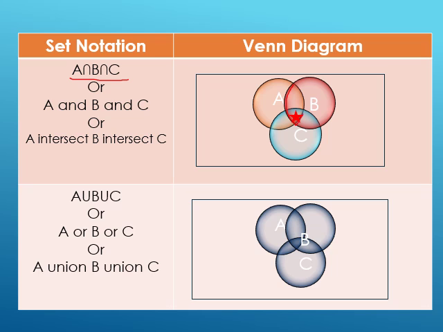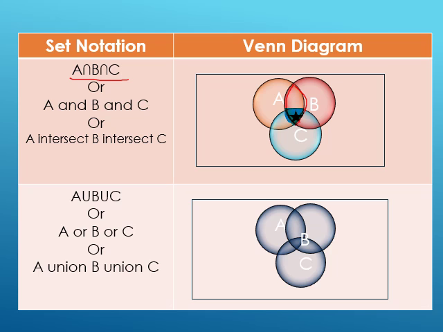This is A intersection B, but you can observe that this whole segment is not in C. So where these three sets have the common part, this is the part, this segment where I draw the star. This is the common part of these three sets where three sets overlap each other.